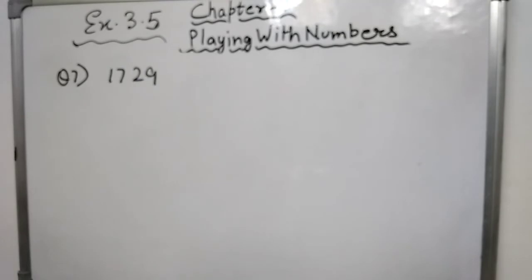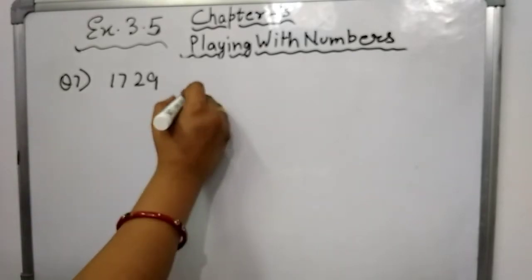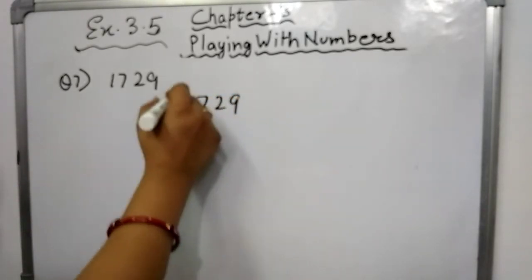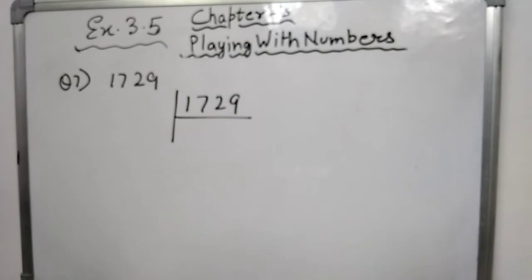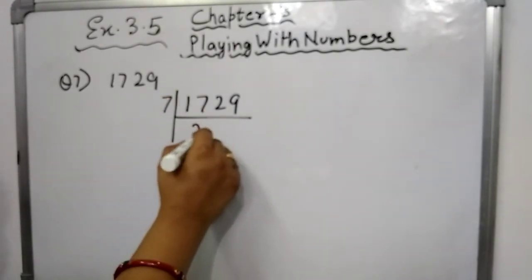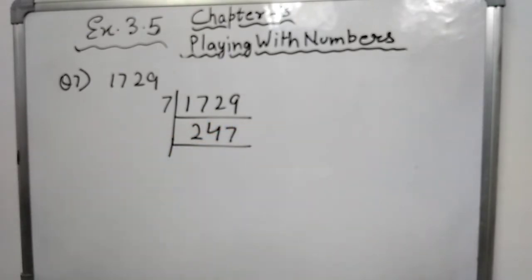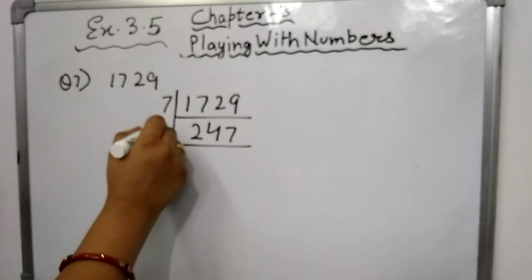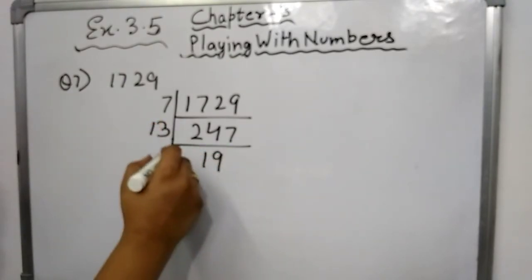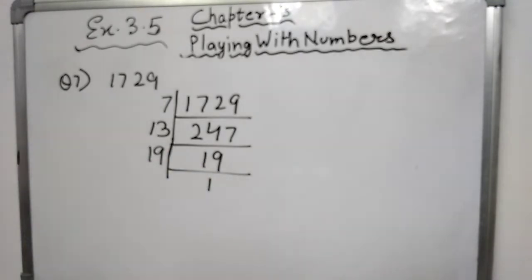If we find them with the repeated division method, this number is not divisible by 2, 3, 5. It is divisible by 7. So we divide it by 7 and get quotient 247. This 247 is divisible by 13, so we get our quotient as 19. And lastly, it is divisible by 19. So these are the prime factors of this number.